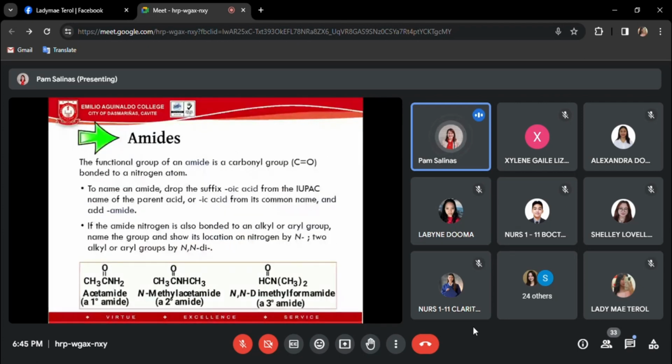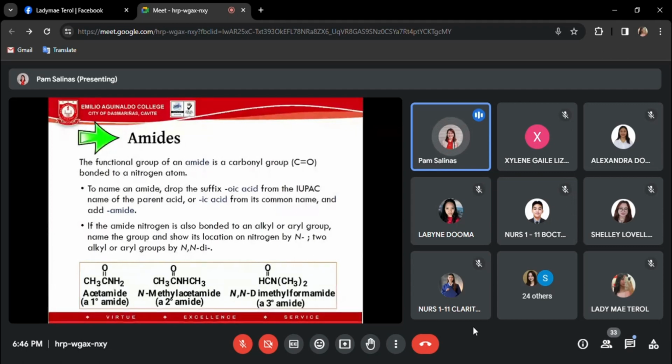Next, amide. So we have the functional group of amide, which is a carbonyl group bonded to a nitrogen atom. So we have C double bond O, and what it is bonded to is nitrogen. So here we can name an amide. You just have to drop the OIC acid again from the IUPAC name of the parent acid.